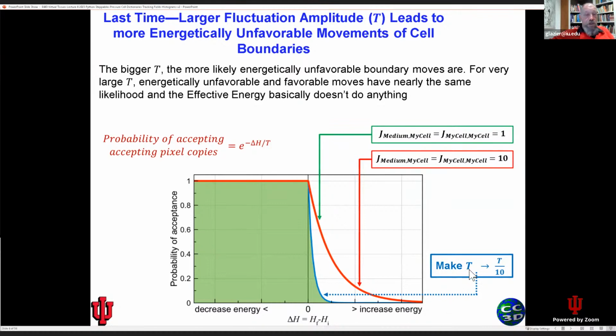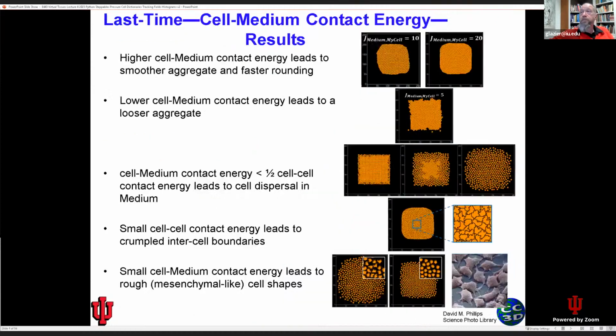If the fluctuation amplitude is bigger, there's a whole spectrum of energy changes that you'll still make, even if they're unfavorable. And so essentially, how much you can jump over a wall effectively is controlled by that T parameter. We haven't really dug into that kind of analysis. It's in the slide deck if people are interested.